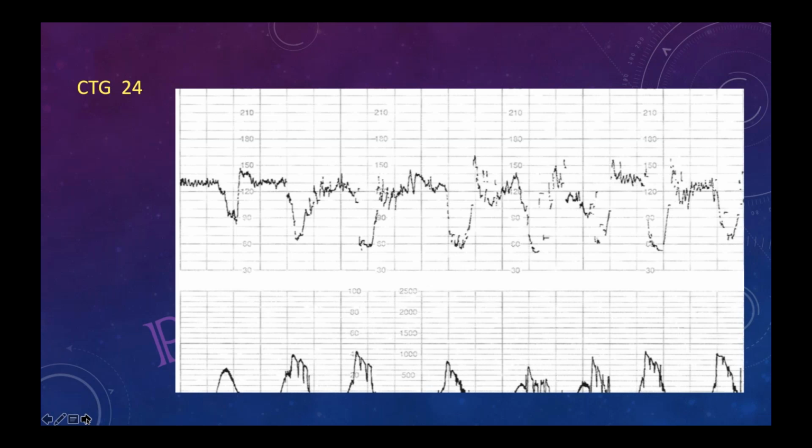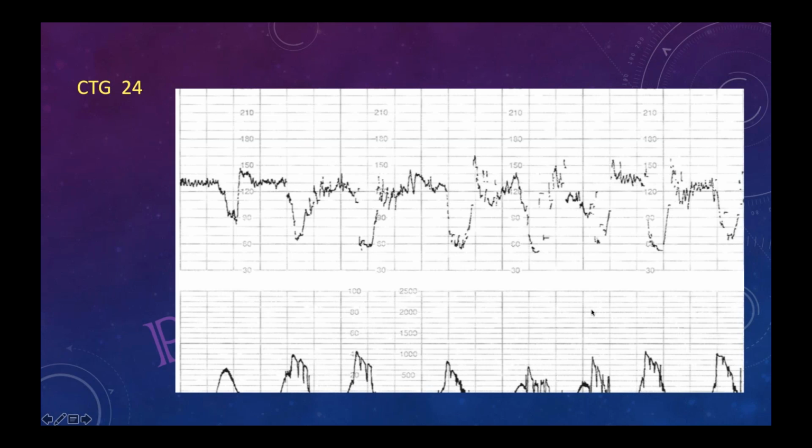Or is it early or variable? No, they are variable decelerations with more than 50% of contractions. They are mirror images, but from that less than 30 seconds rule, from the start of contraction to the trough, the midline, it is less than 30 seconds. So that will be a variable.